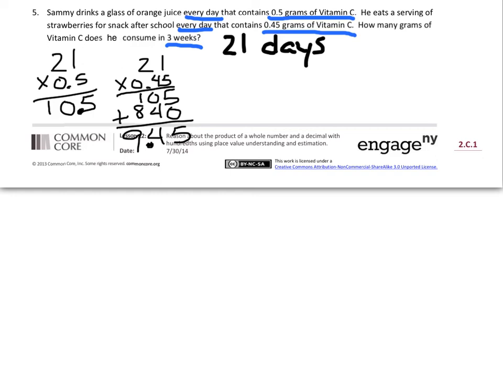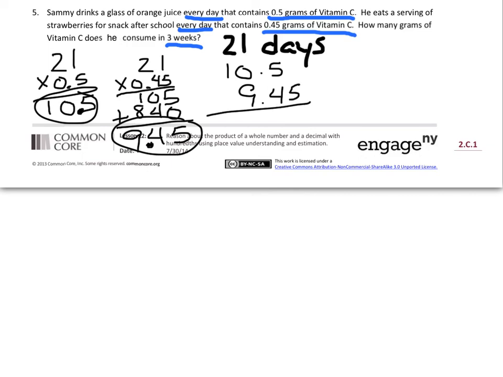Now we can add those two totals together. So we have 10 and 5/10 plus 9 and 45 hundredths. 5 plus nothing is 5. 5 plus 4 is 9. Bring down your decimal. 9 plus 0 is 9. 1 plus nothing is 1.